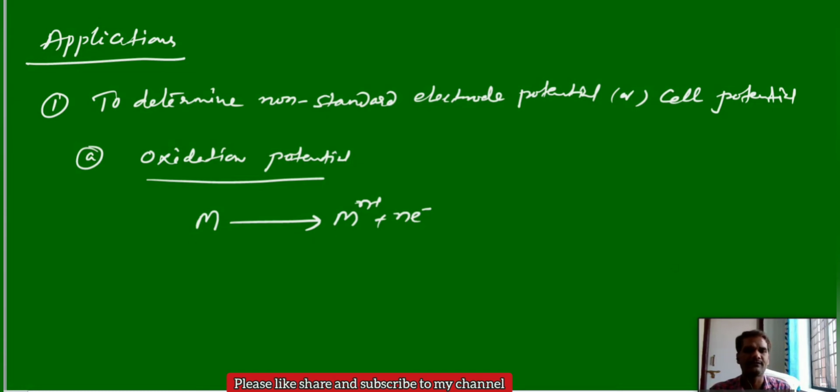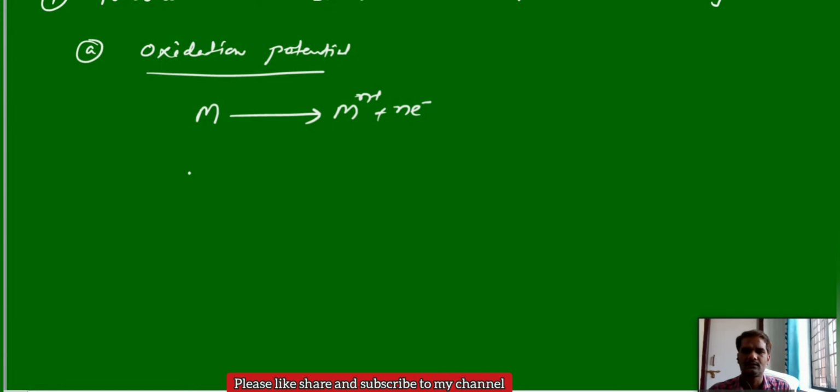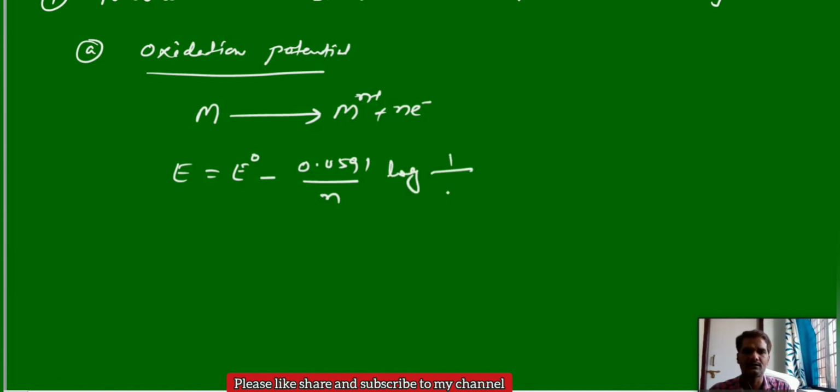So for this particular equation, if you want to write the Nernst equation, E cell is equal to E naught of this particular metal minus 0.0591 by the number of electrons transferred n, and log of the concentration of Mn plus.